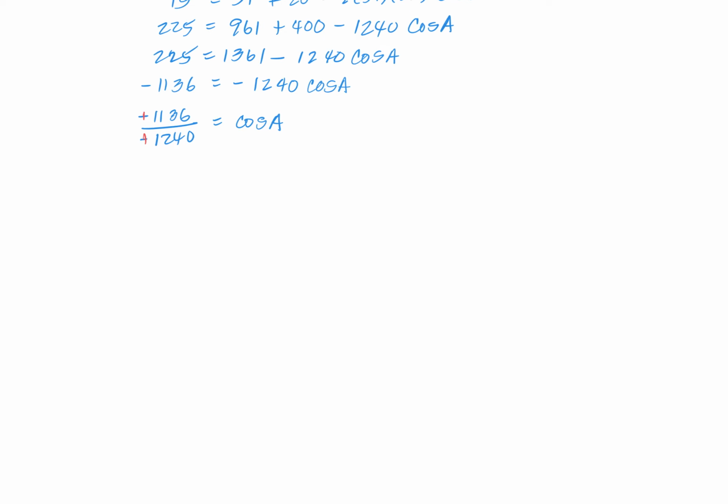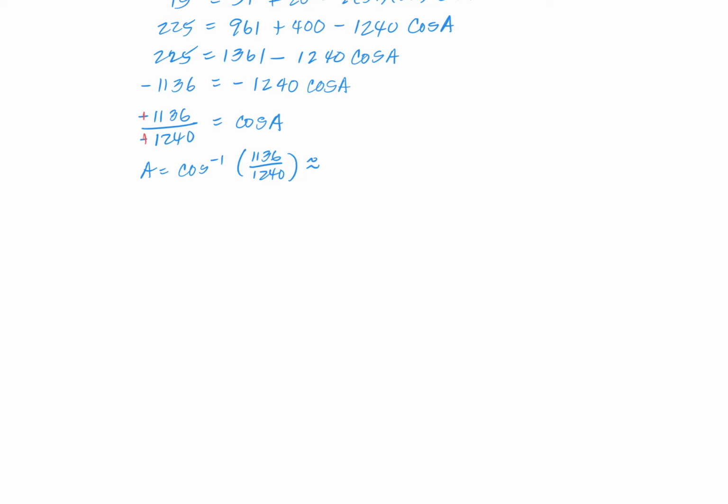So remember, to get the angle A by itself, we're going to do cosine inverse of 1136 over 1240 in our calculator. When we do this, and unlike sine, we're not going to get a choice.